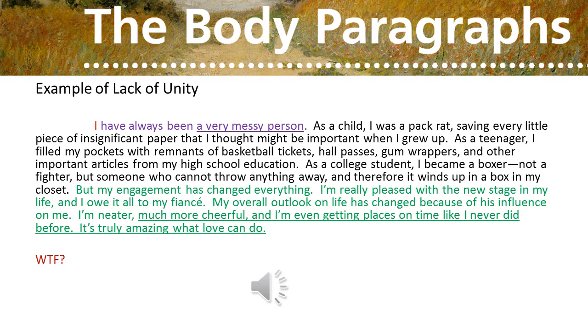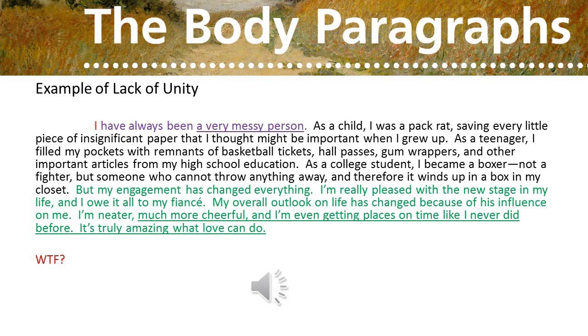As a child, I was a pack rat, saving every little piece of insignificant paper that I thought might be important when I grew up. Okay, that sounds like a messy person. As a teenager, I filled my pockets with remnants of basketball tickets, hall passes, gum wrappers, and other important articles from my high school education.